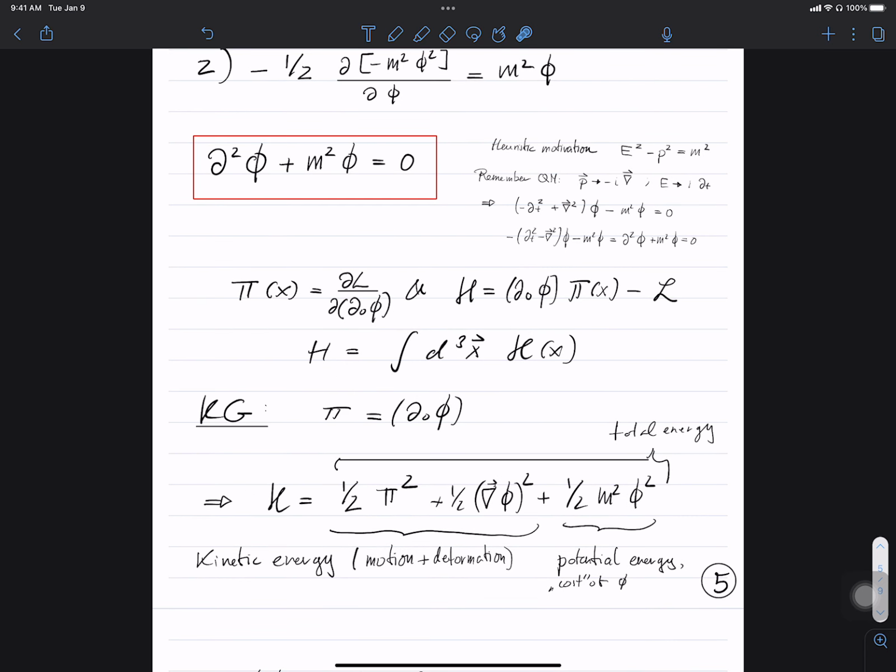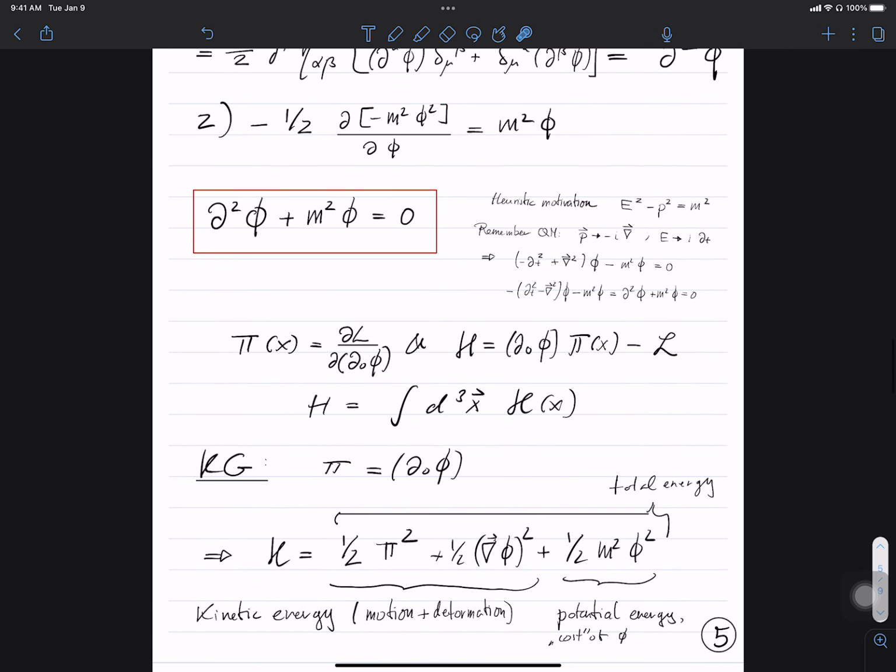Anyway, moving on, we have here as well the canonical momenta. In analogy to classical mechanics, the canonical momenta are defined by the derivatives of the Lagrangian density with respect to the time derivatives of the fields.